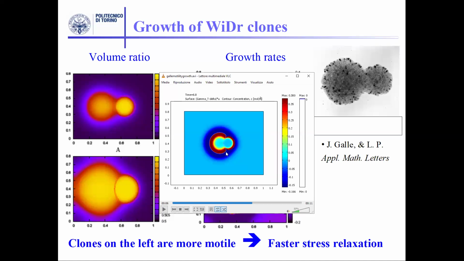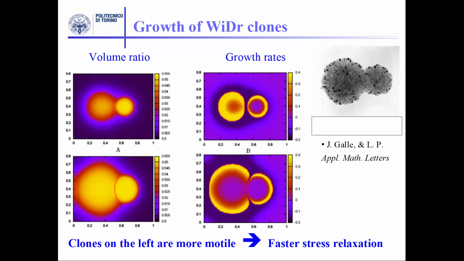So the one on the left will proliferate faster, and this is the reason why, after all, the clone on the left will engulf the one on the right. So this is the second aspect in which contact stress is important. It governs, or at least in many cases influences, the proliferation of cells.